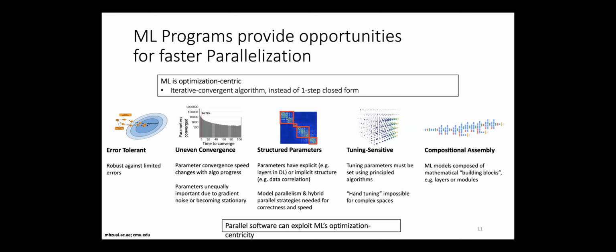The first property is error tolerance. The fact that we are robust to noise; in fact, by definition, SGD is a noisy algorithm. So the fact that these algorithms are robust to noise, being a hill climbing algorithm, means that this can be exploited to do things like manipulate the batch size or manipulate the learning rate, which is something that people do whether or not they're going distributed.